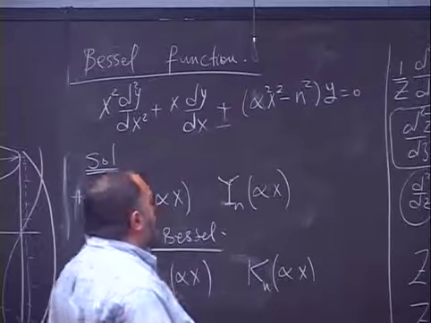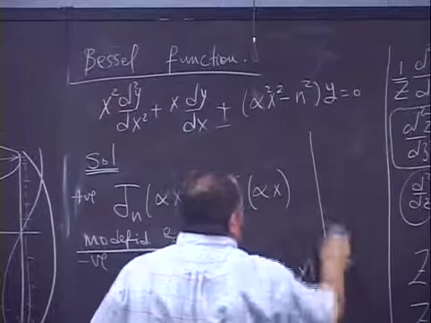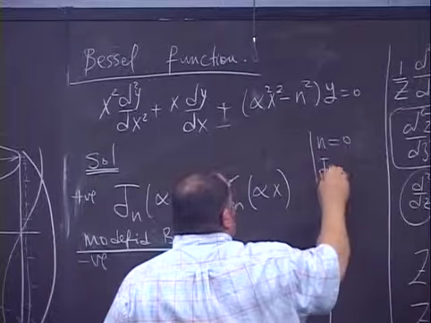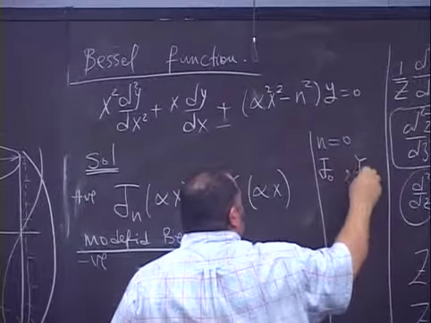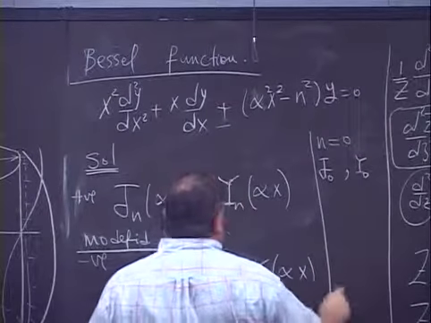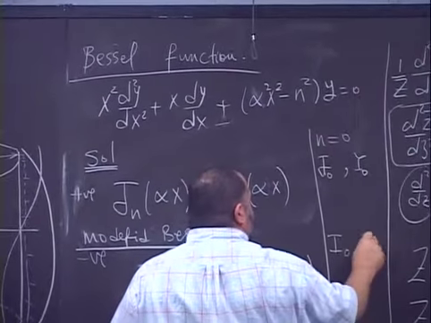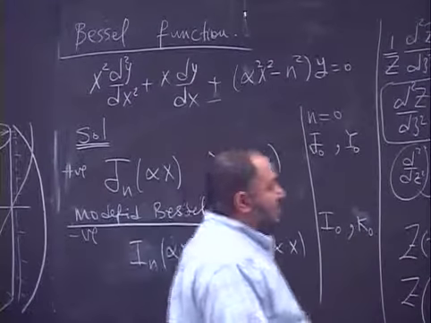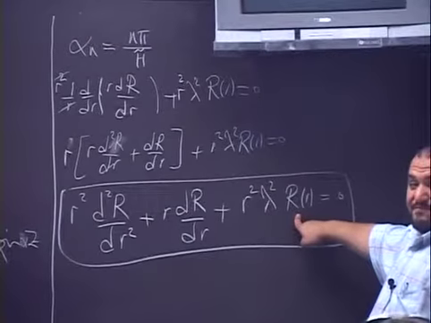Now, if n equal to 0, I will get what? J0, and the other one is what? Y0. And for this one, if it is n equal to 0 also, I get the modified Bessel functions of 0 order. Now, for our case here, what's the n in this case? N is 0.